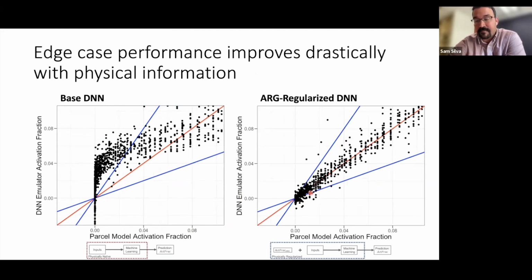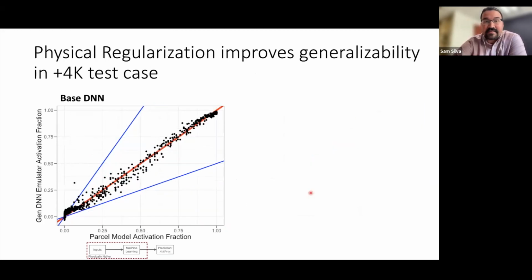Another interesting feature is that if you take the training data set we use and continue to sample it out with your temperature range going 4 Kelvin warmer, this is a sort of pseudo generalizability test. This is not perfectly satisfying, and not an exact assessment of how it would perform in a warmer climate, but it gets us toward that question. You can show how the base deep neural network performs in a 4 Kelvin warmer case.